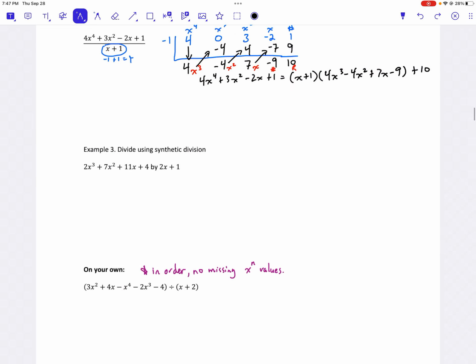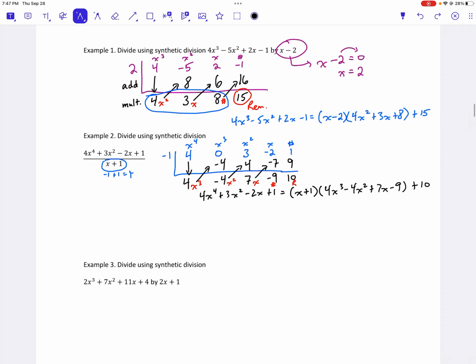So to state it in that form, the way that it was actually shown, we would have 4x to the 4 plus 3x squared minus 2x plus 1 over x plus 1. What we got as a result was 4x cubed minus 4x squared plus 7x minus 9, plus we had a remainder, and that remainder was 10, and we keep the divisor right there, x plus 1.